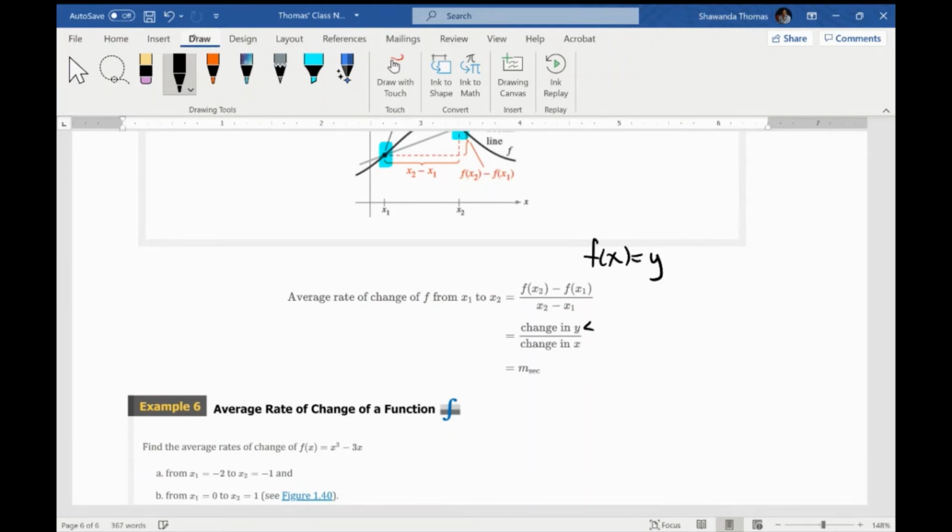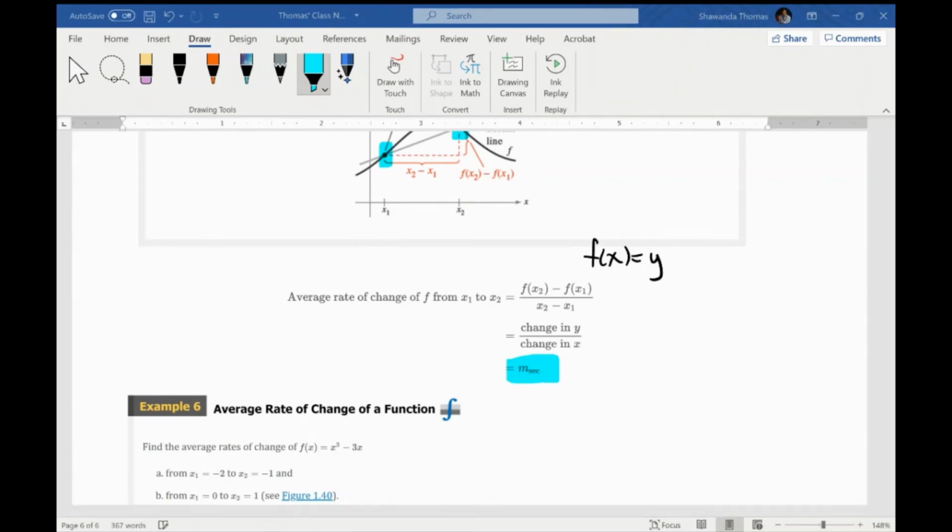So we're not doing anything different, just different notation. And then it says m sub sec. What does m represent in math? It's the slope. Anytime you see m, they're talking about the slope.